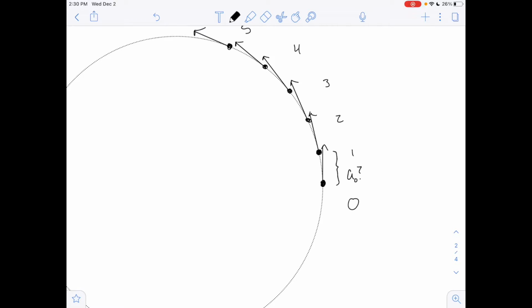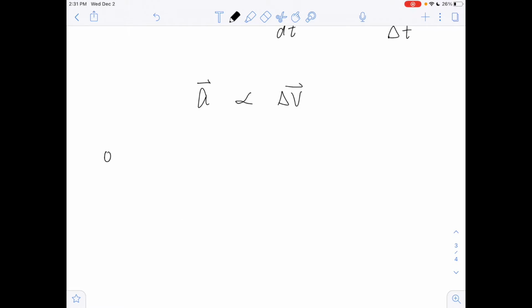So what we could do here is take those velocity vectors, so this would be v1, for example, and this would be v0, and we could subtract those to get delta v. So for time 0 to 1, delta v is equal to v1 minus v0.